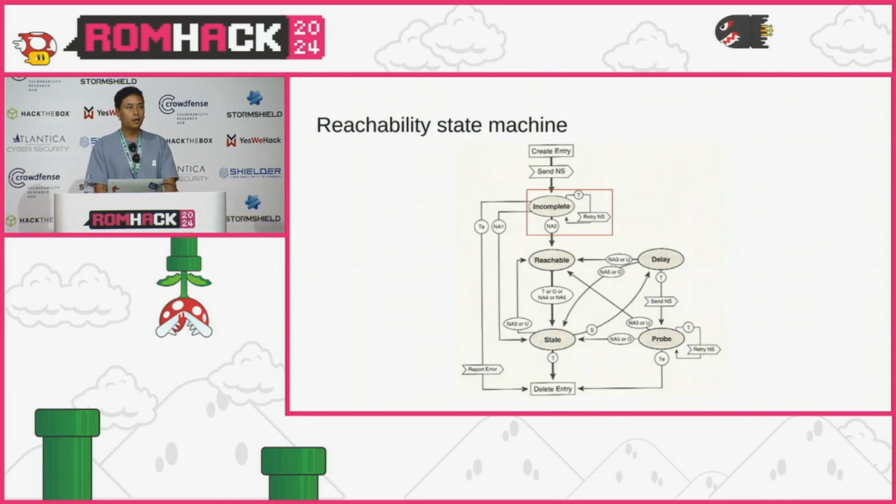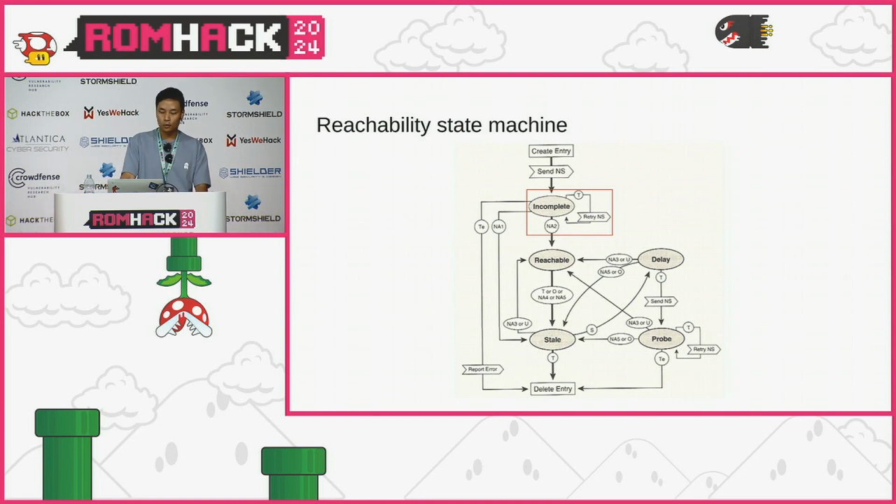If you look at how the IPv6 neighbor discovery protocol works, you can find that there's a well-defined state machine underneath. The following diagram shows that each entry in the neighbor cache can have 5 different states, where some of them, for example the incomplete state, contain a loop called retry NS, for retry neighbor solicitation, requesting the MAC address of the peer.